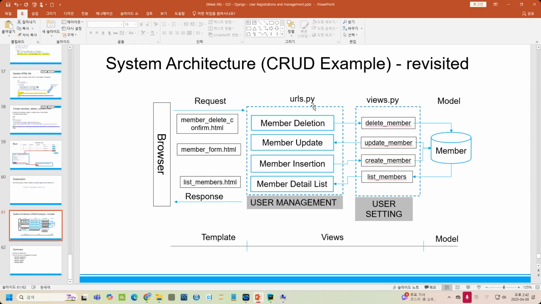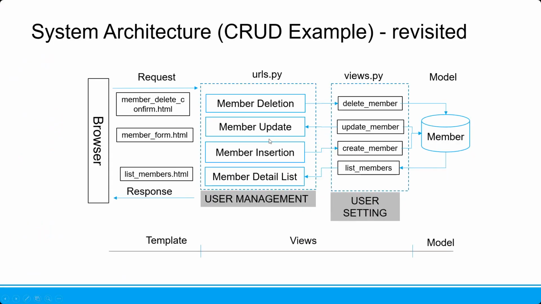So the overall system architecture, we can see something like this. We have the model in the SQLite. So we create 4 columns: salutation, first name, last name, and the email. And then we have 4 functions.